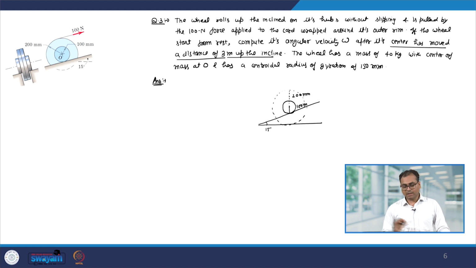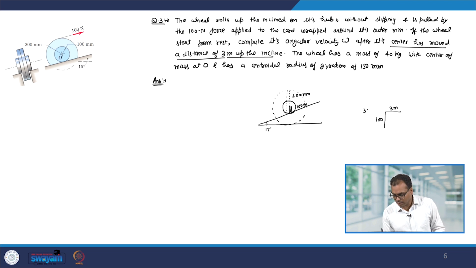So, when the center moves a distance of 3 meter, let us see how much the outer rim will move, and that we can find out using very simple geometry. The hub radius is 100 mm, and in that case the center moves a distance of 3 meter, and the outer rim is at a distance of 300 mm.